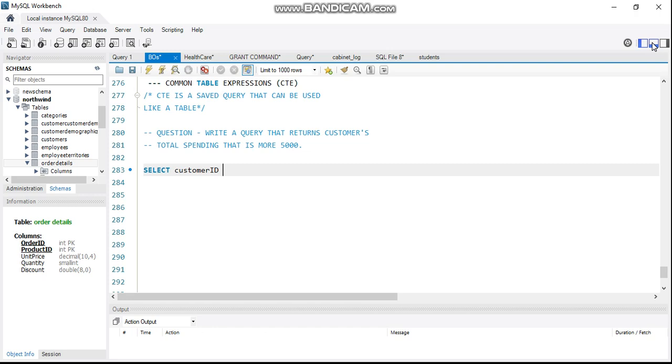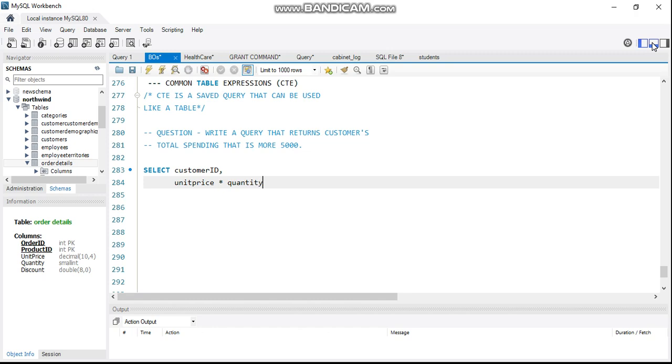And the next thing is the unit price and the quantity to know the amount as total spending. That's how we can get our total spending.